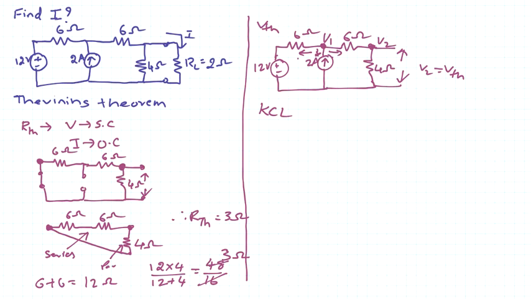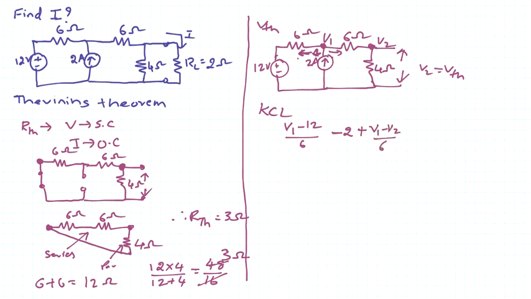So now I am taking this KCL, so we can write it as (V1 minus 12) by 6, that is this current. Again I am taking the current here, so that is minus 2 amperes. Again this current I am taking, plus (V1 minus V2) by 6.